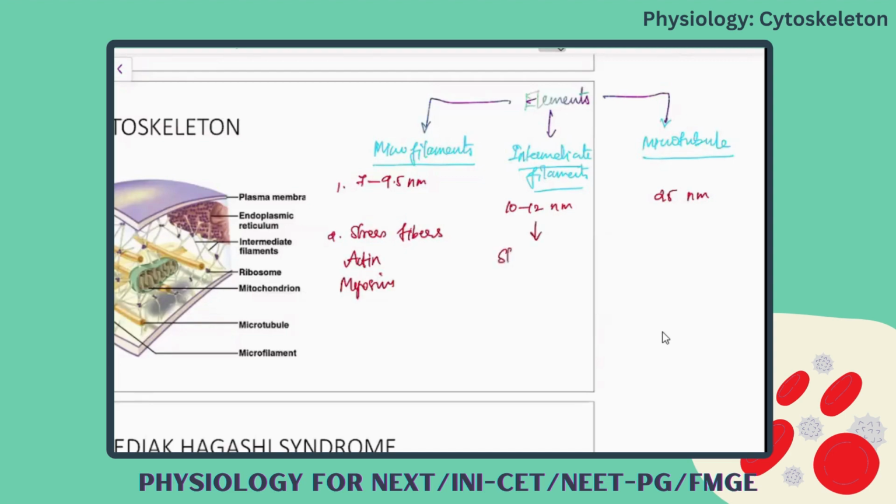The intermediate filaments are stable components, and the microtubule mainly has dimers, like beta tubulin.